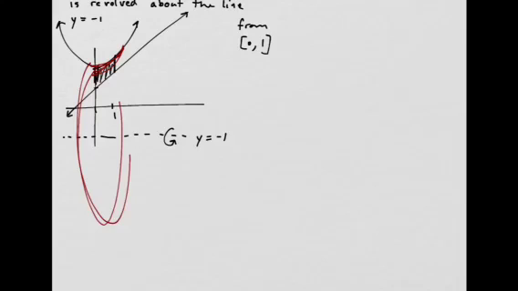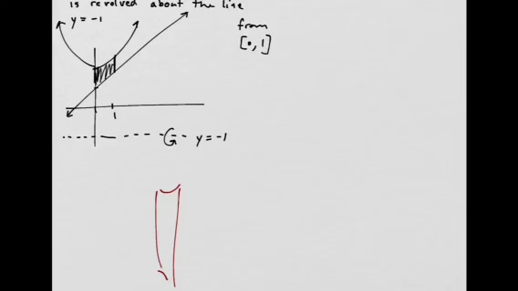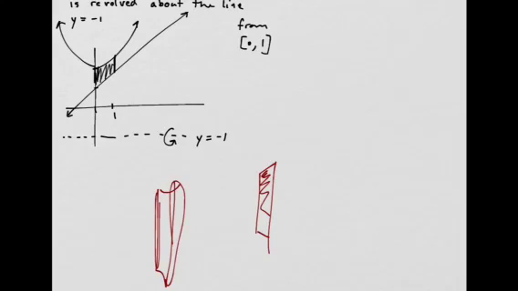It would be a full solid disc, right? And we want to take out this center part. We want to take the whole thing minus that inside piece.